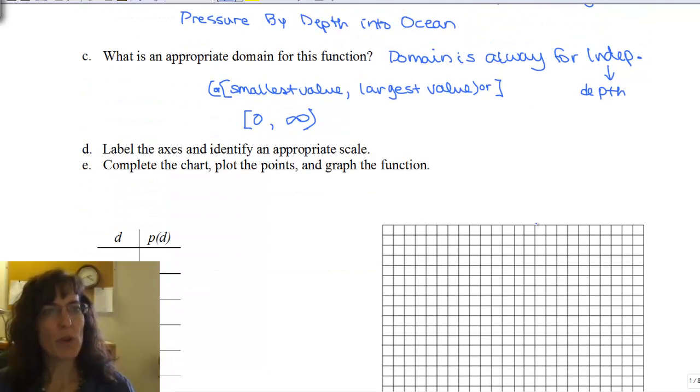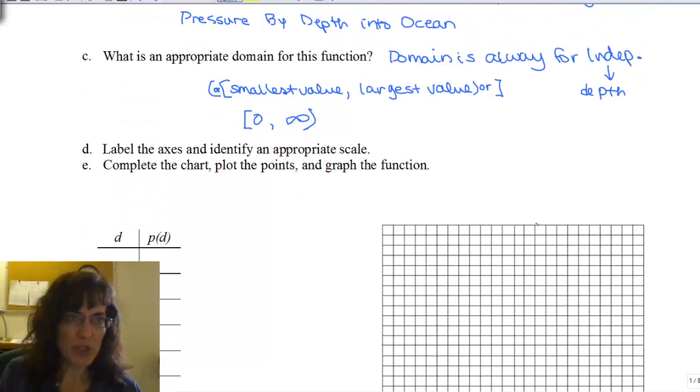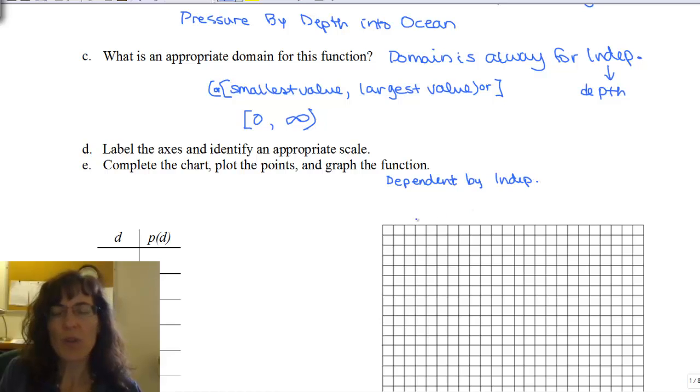And then when we go to graph, remember this pressure by depth into the ocean, the answer for part B, that was our dependent by independent with a little bit of extra information, and so that becomes pressure by depth into the ocean.